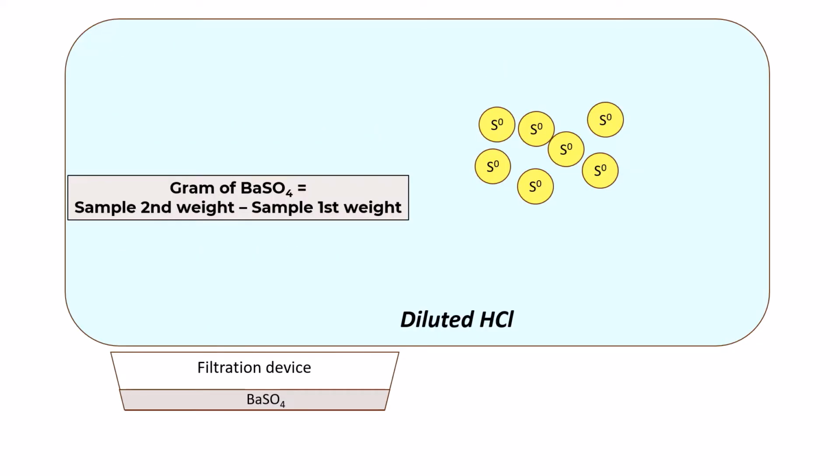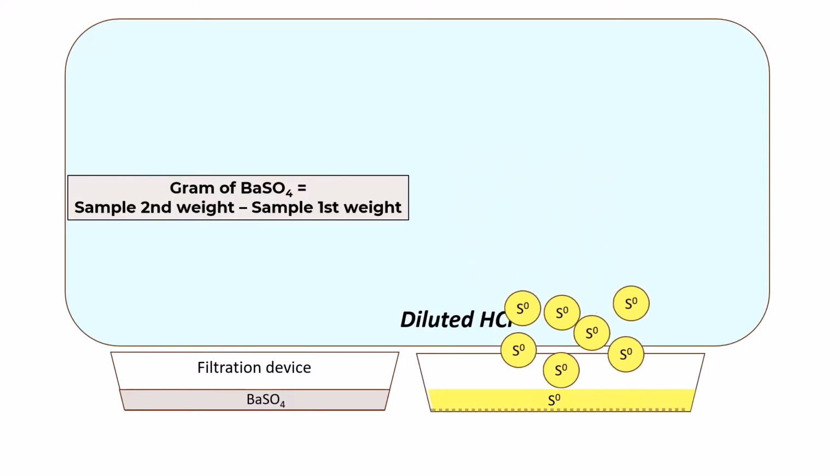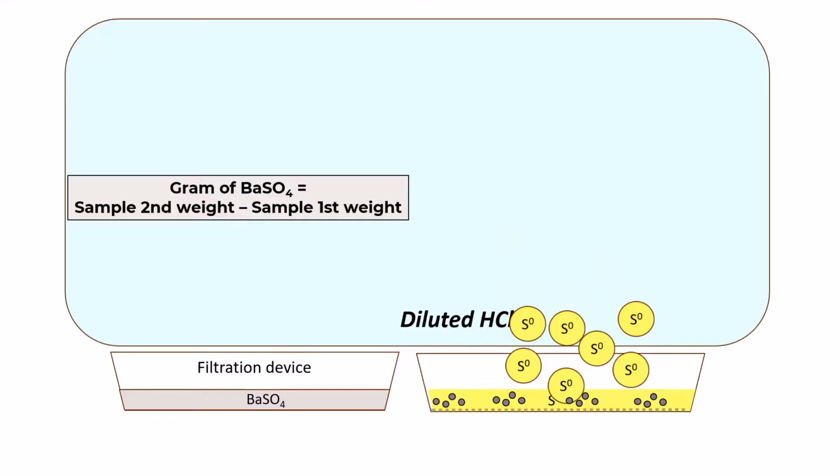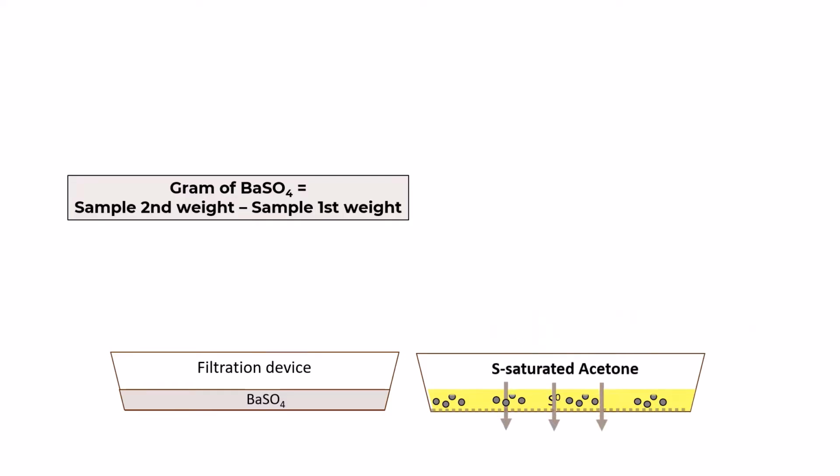Elemental sulfur is insoluble in hydrochloric acid solution. Elemental sulfur is removed from the acid digest by filtration. The filtered residue containing elemental sulfur is first washed with sulfur-saturated acetone to remove all organics that could be rinsed by carbon disulfide without removing sulfur.